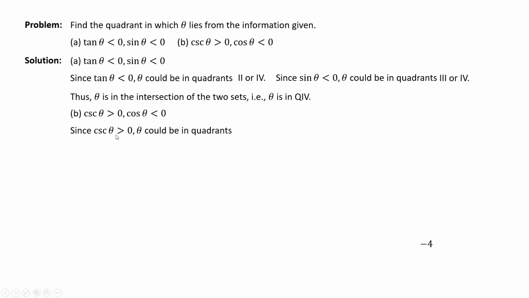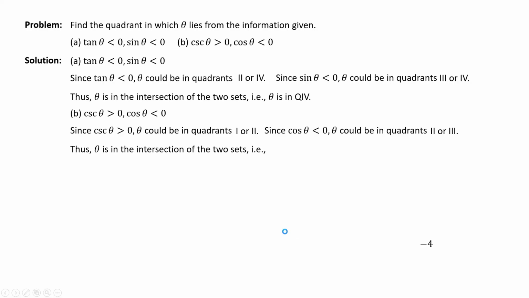Sine positive means first or second, and cosine negative means second or third, right? First and fourth is where cosine is positive, so second or third is where it's negative. The intersection of the two is quadrant 2.